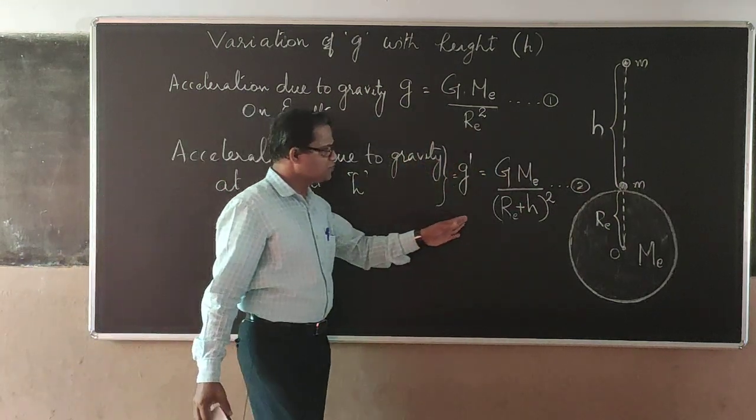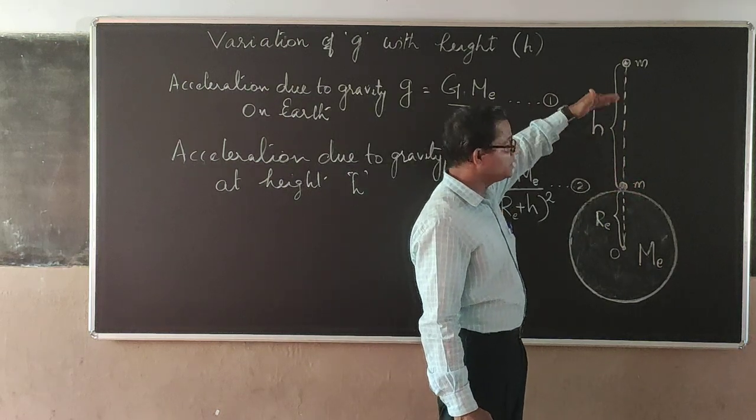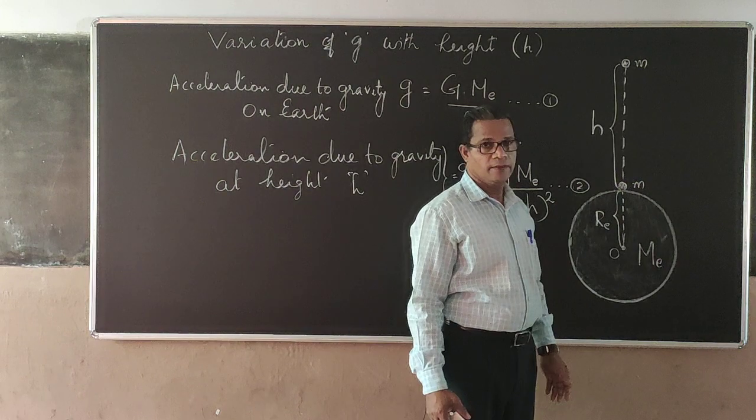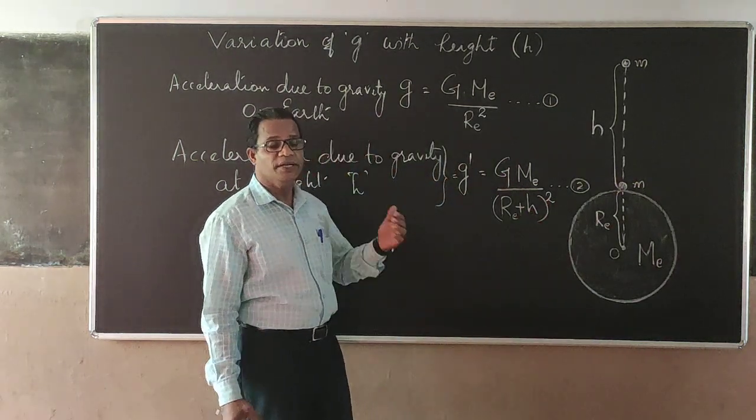So from this equation one thing is clear that as we go away from Earth, the acceleration due to gravity is found to be decreasing.